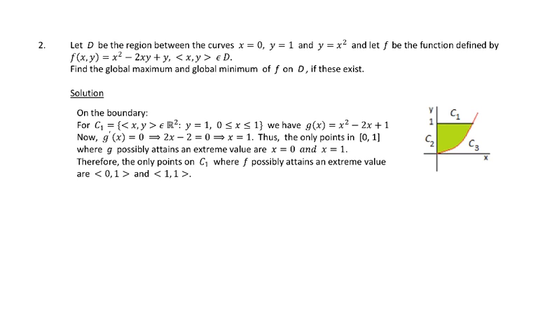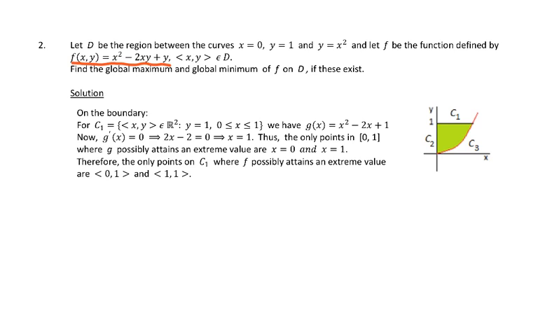Next we have to see what happens on the boundary. As you can see, I have divided the boundary into 3 separate curves again, labeled C1, C2 and C3. For C1, y is equal to 1 and x lies between 0 and 1. If you substitute y equals 1 into the formula for the function, you get a new function of one variable, namely g at x equals x squared minus 2x plus 1.